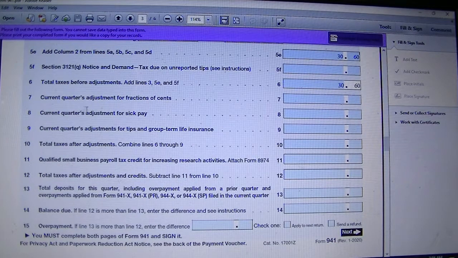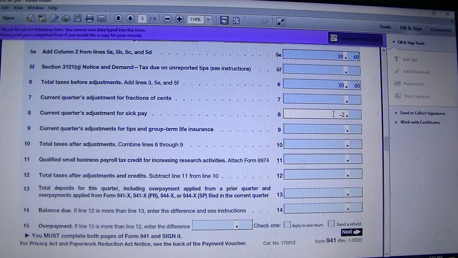Line 8, current quarter's adjustment for sick pay. If a third party withheld Social Security and Medicare on an employee's sick pay, you'll put it here with a negative sign in front of it. Let's click on line 8 first, like -2 for instance.